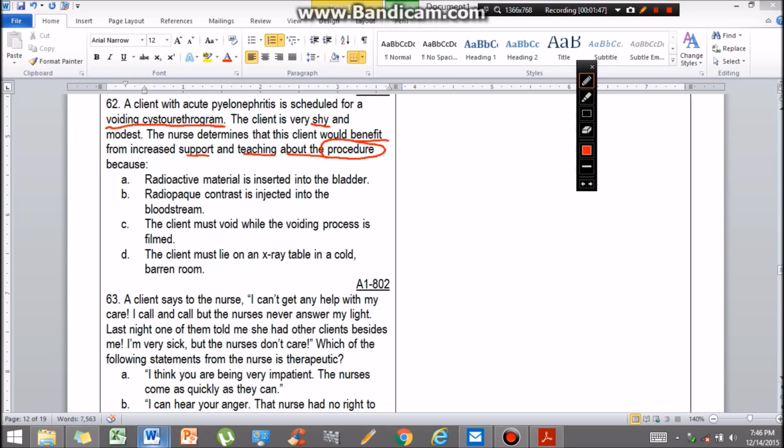Is it because of A, radioactive materials inserted? No. B, radiopaque contrast is injected. They're basically one and the same. A and B are similar, that's why we eliminate them.